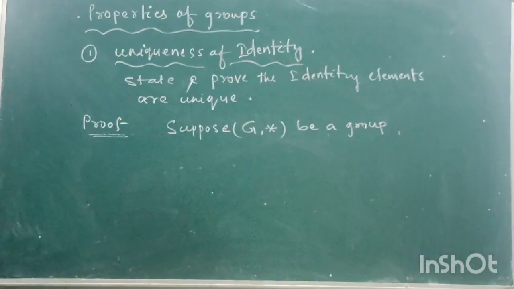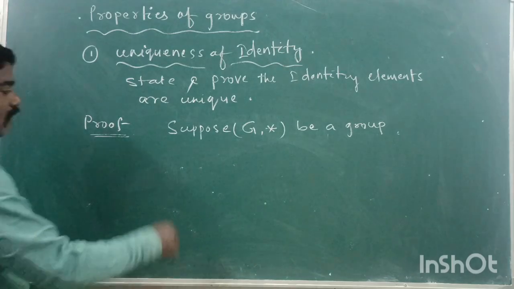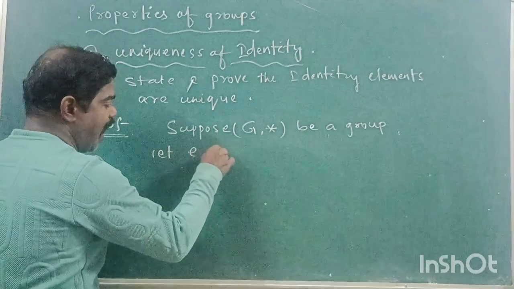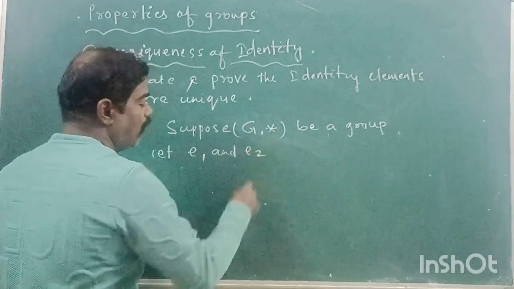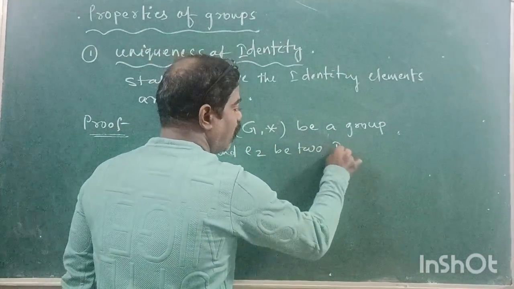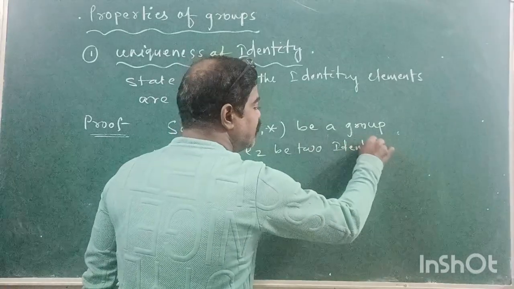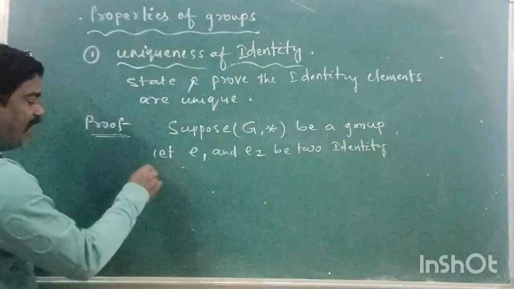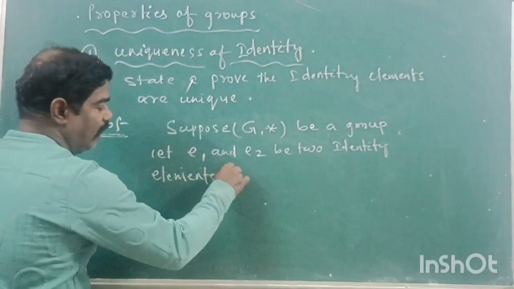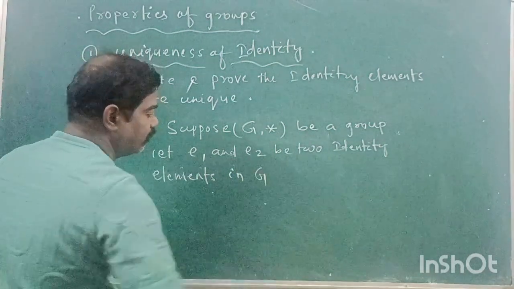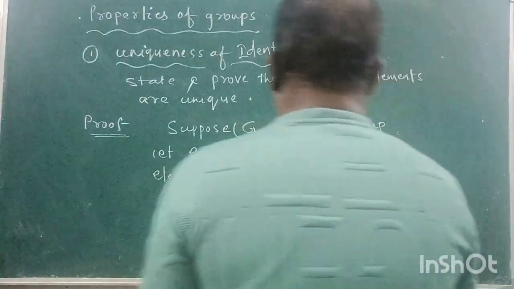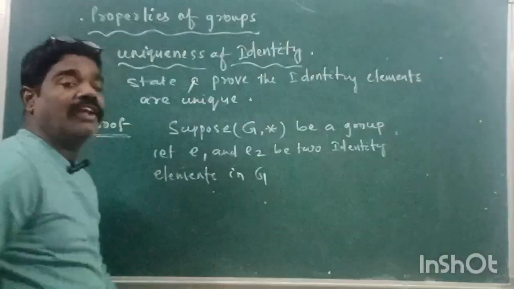Okay. Let E1 and E2 be two identity elements in G. What have I taken? E1 and E2 be two identity elements in G.